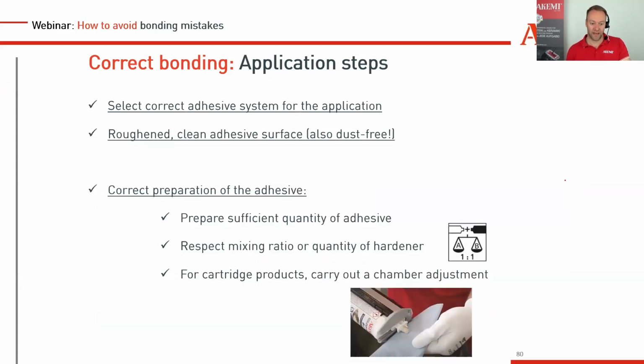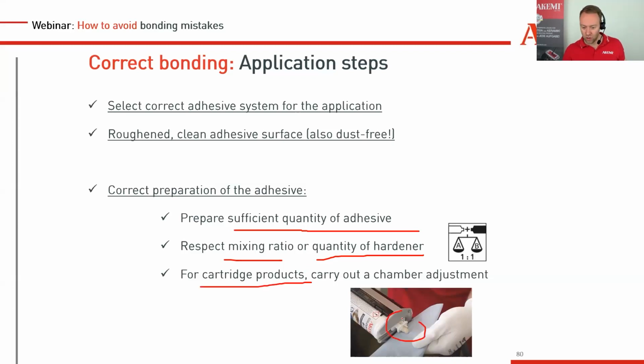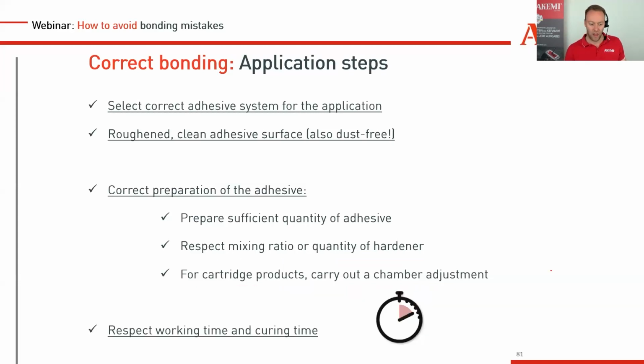Correct preparation of the adhesive: prepare sufficient quantity of adhesive. Mixing ratio must be right, the right quantity of hardener. Mix it right. If you use a cartridge, do the chamber adjustment so that out of both chambers glue and hardener are coming out, and respect the working time and curing time, and then you're usually good to go.